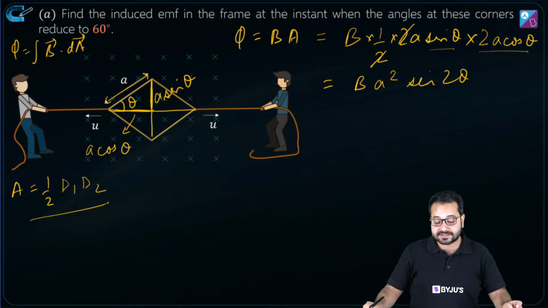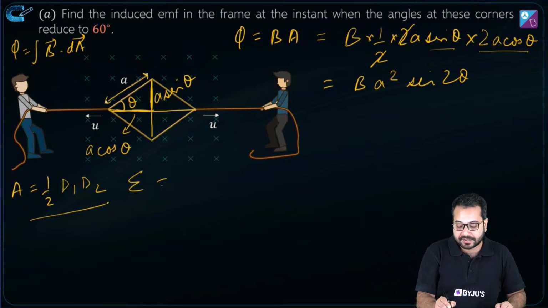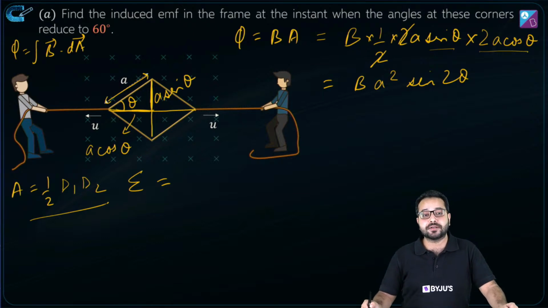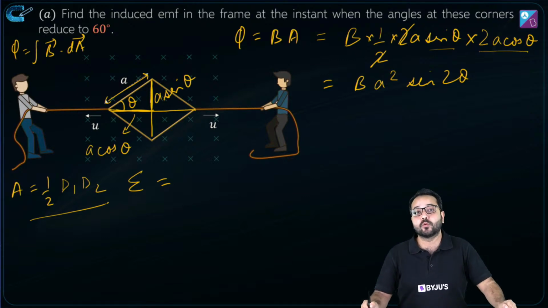Alright, so the flux has come out as BA square sine 2 theta. Now what do I need to do? I need to apply Faraday's law of electromagnetic induction. If I have to find the EMF at this point, I need to differentiate it with respect to time.